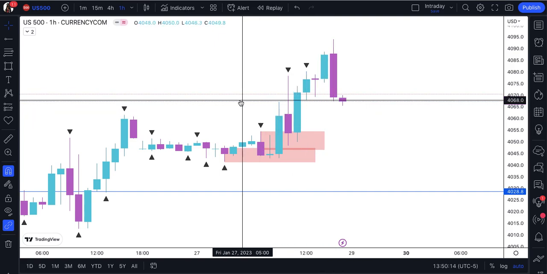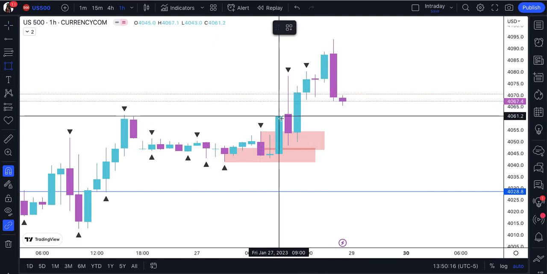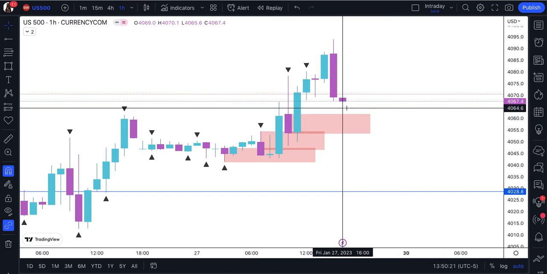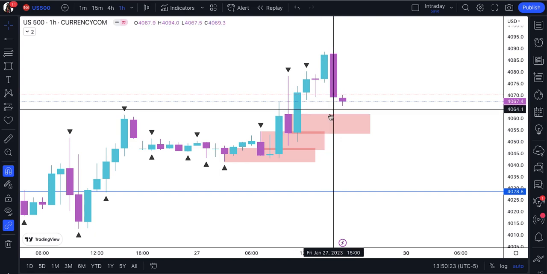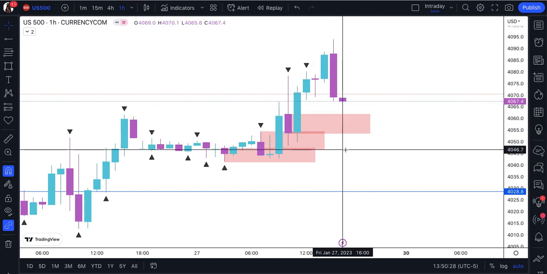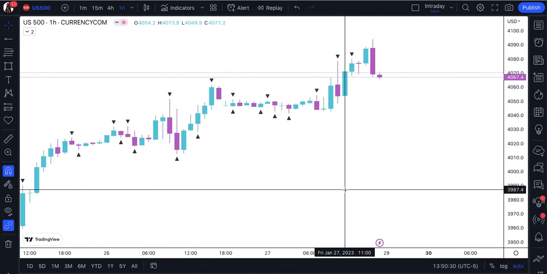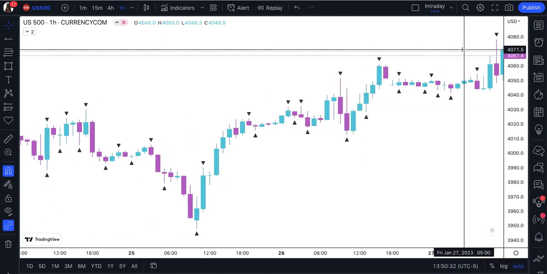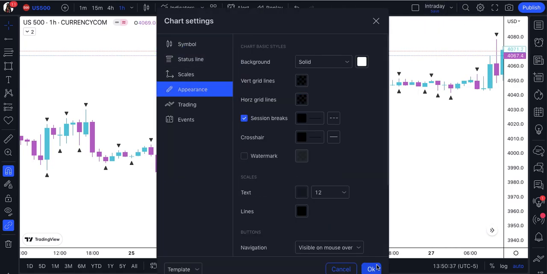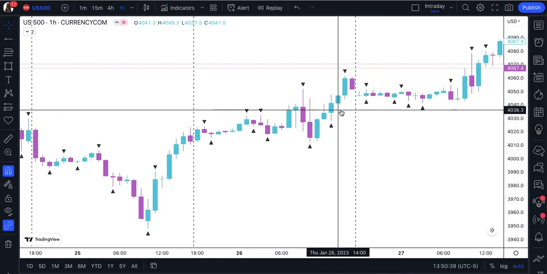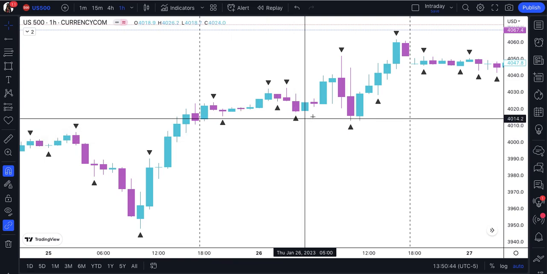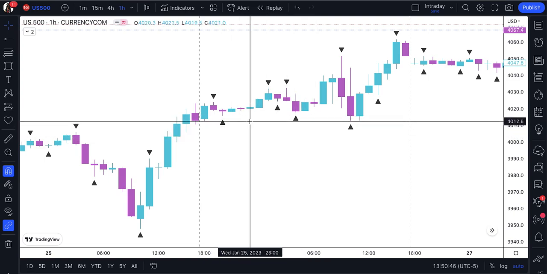So now, what will probably be our next order block? Maybe there. I don't know. It's just high probability that this would be the next support level. Let's see if I can find any more.